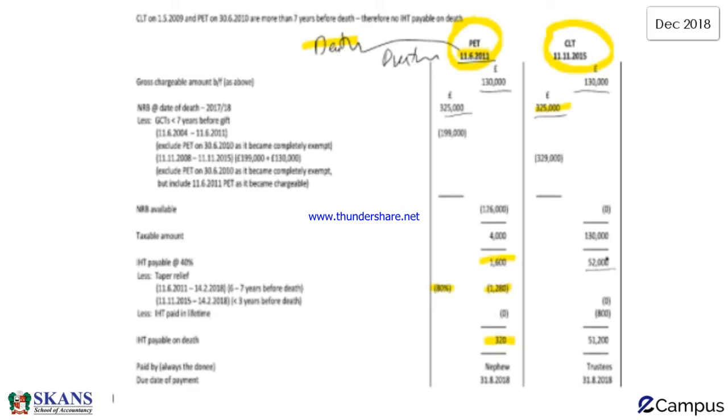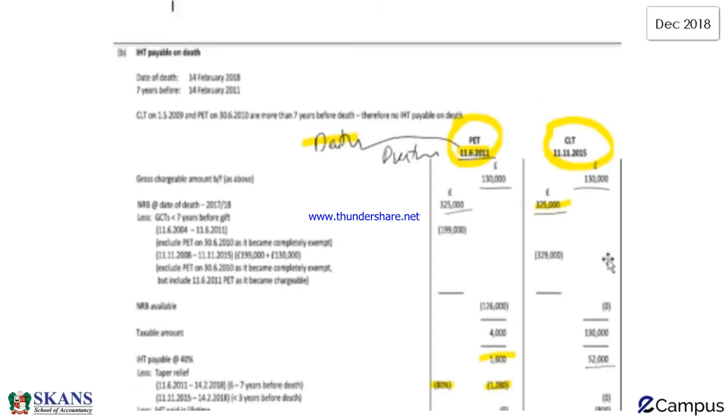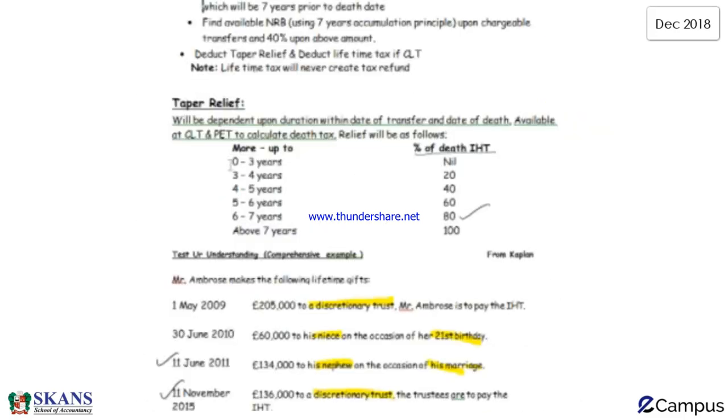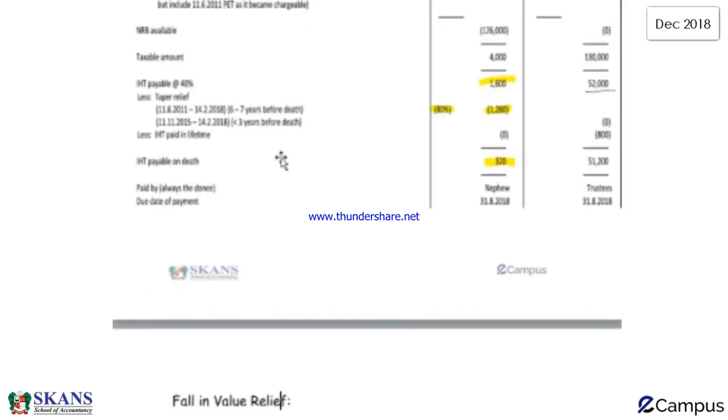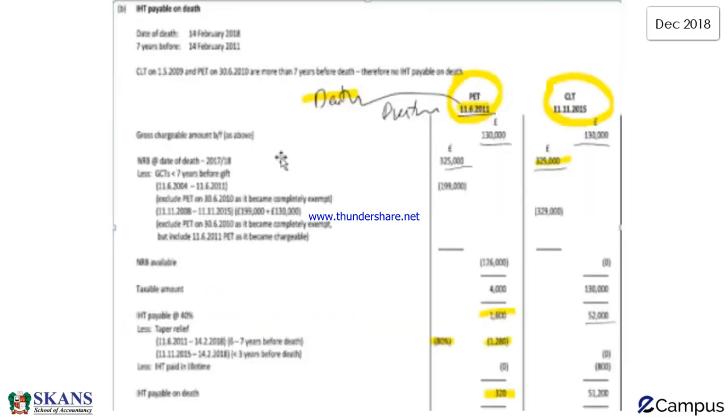Well, for this one, I think taper relief would not be applicable. The reason being, he died within 3 years of making this transfer. As you can see from the table, if the duration between the transfer and the date of death is up to 3 years, the applicable taper relief is zero, and that's why we would not be calculating any taper relief.